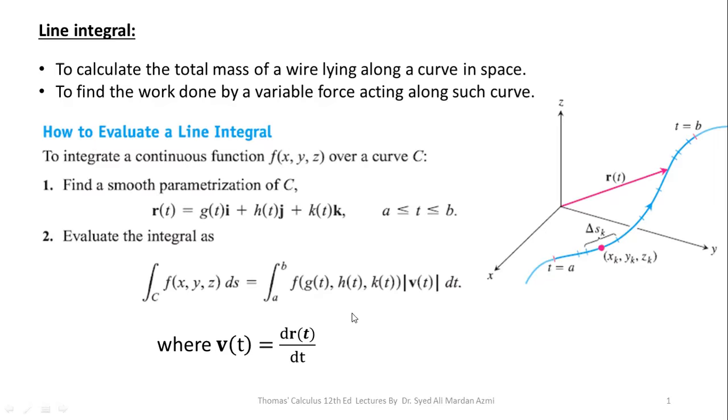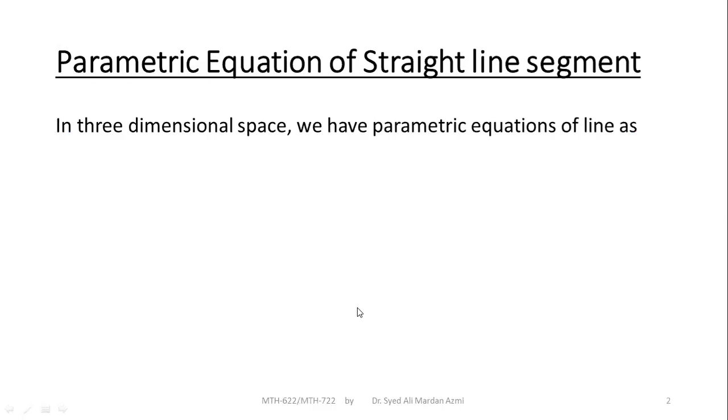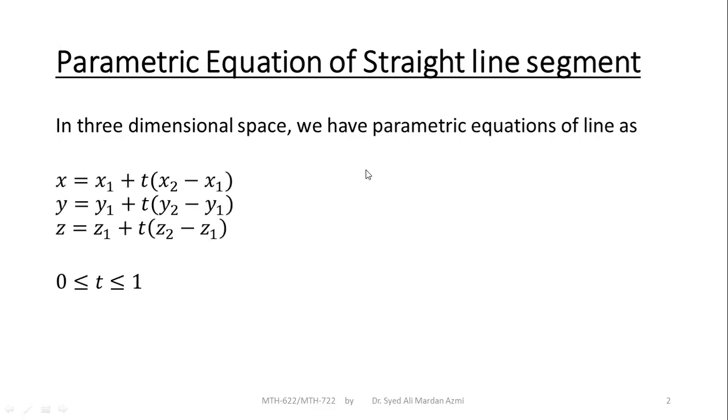Now, after knowing the basic things, what is the line integral, what is its formula, we have to know one more thing, and that is parametric equation of straight line segment. In three-dimensional space, the equation of straight line in parametric form is x is equal to x1 plus t into x2 minus x1, y is equal to y1 plus t into y2 minus y1, z is equal to z1 plus t into z2 minus z1, and t is lying between 0 and 1.